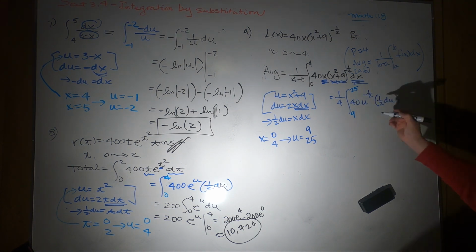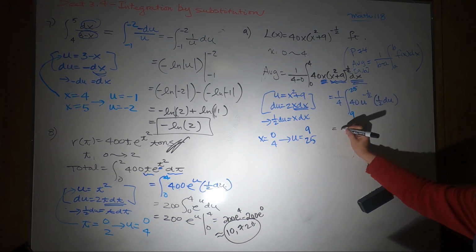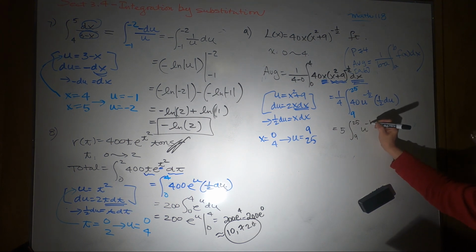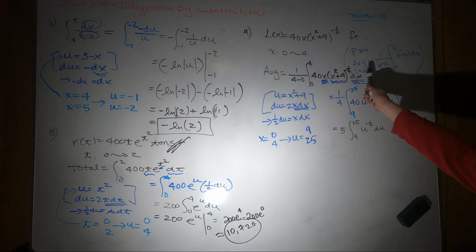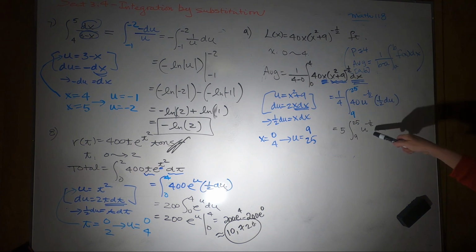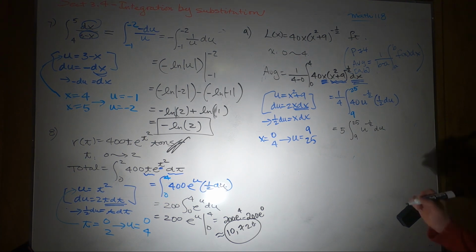Then we move the constant outside. 40 divided by 8, that's 5. You have the integral from 9 to 25 of u to the negative half du, right? So from the more complicated one for the integration, we make it become a simple power rule. Then we can plug in, right?